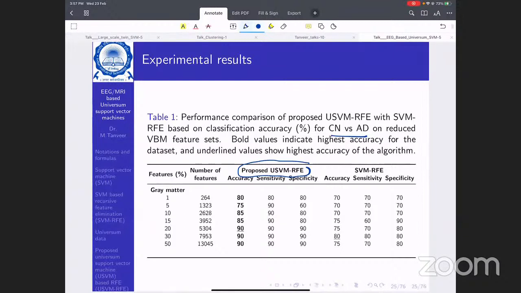There are more than 35 or 40 million people affected, and it is going very high, but there is no cure. So the idea is, is there a possibility to develop an automated model to diagnose AD at an early stage?